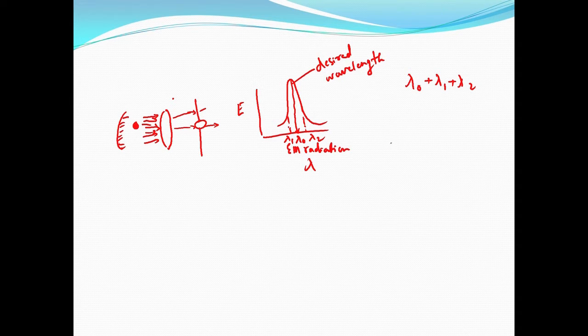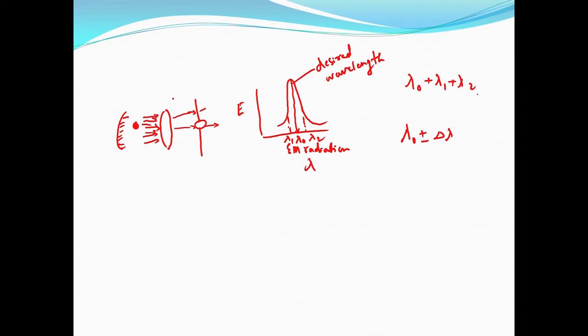Therefore, the wavelength what you get would be lambda 0 plus or minus delta lambda. So, delta lambda means lambda 1 may be on the right side, that is higher wavelength, and lambda 2 may be on the left side, that is lower wavelengths.